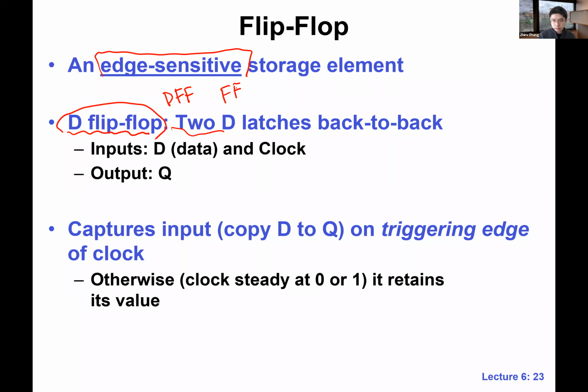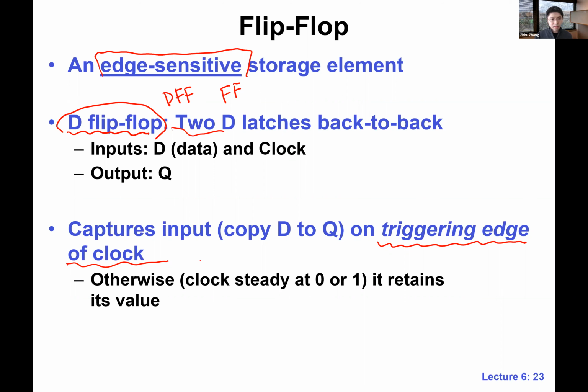So this is the flip-flop. For a DFF, it captures data at the triggering edge of the clock, not when the clock is low or when the clock is high. It captures things at the edge.